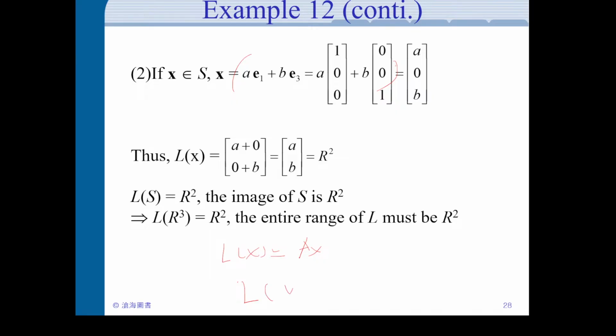So the range of L will equal just the column space. So L, I should write it here, L from V to W. And if your L of x equals Ax, then the range of L is just the column space of A, because it's all the possible linear combinations of columns of A. Okay, so yeah, spoiler a little bit.